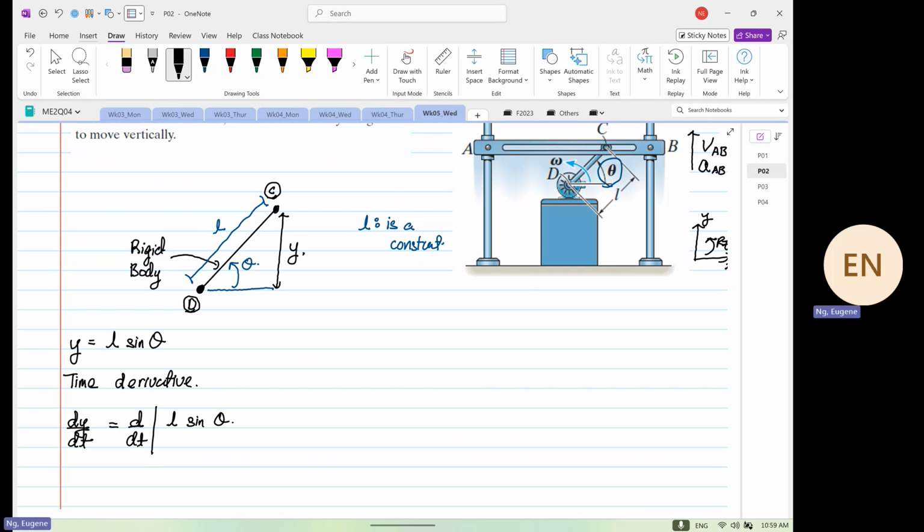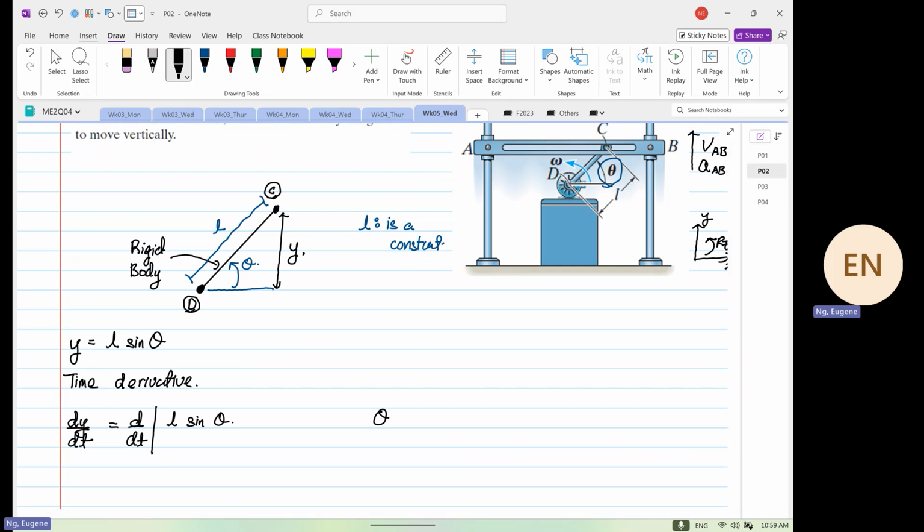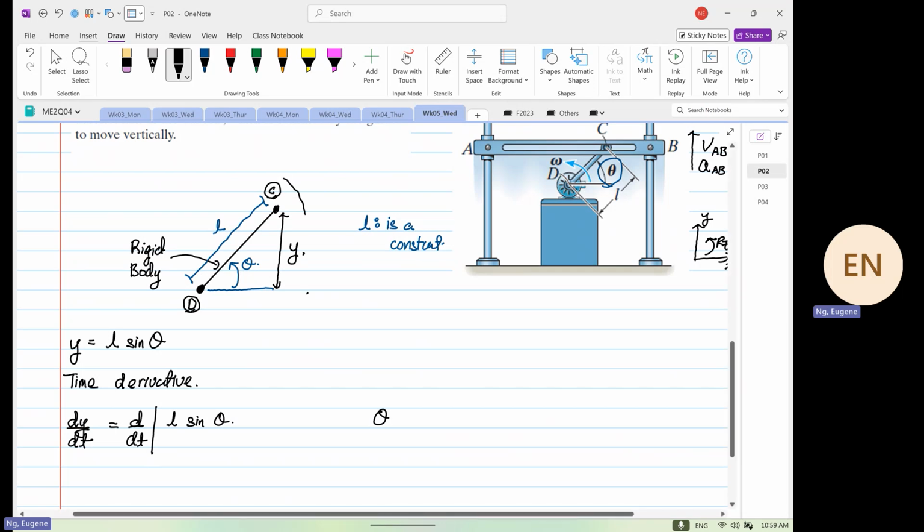What can we say about theta? When omega rotates, this whole thing will rotate with omega.